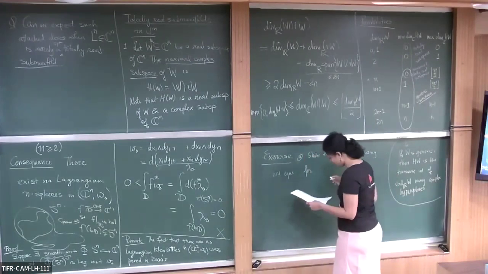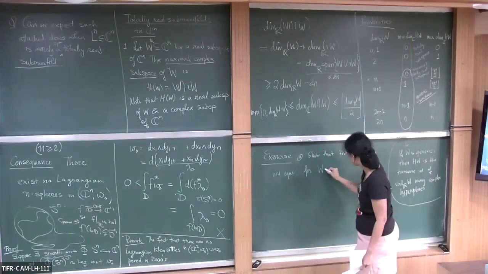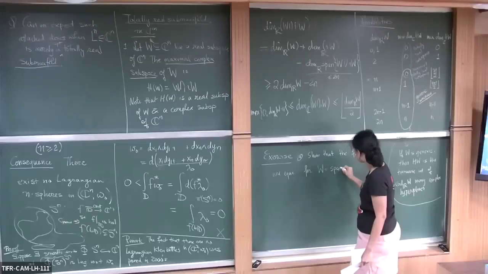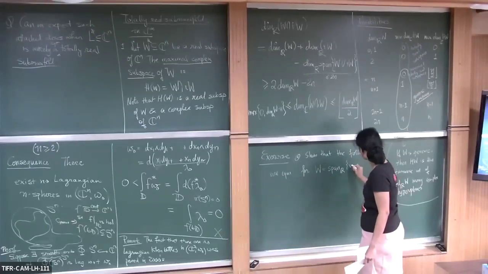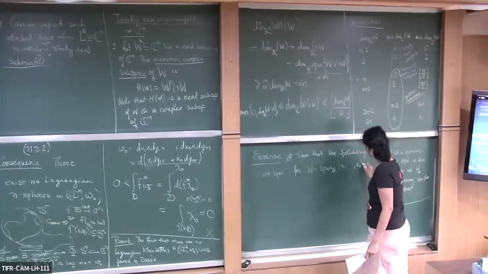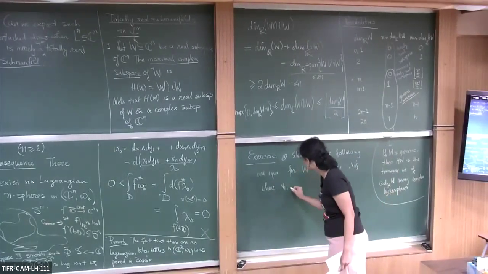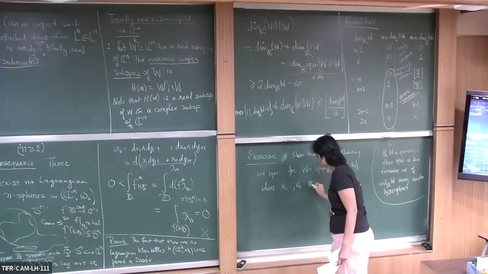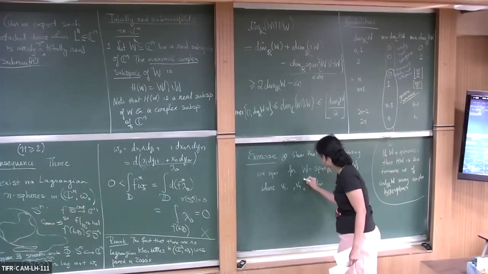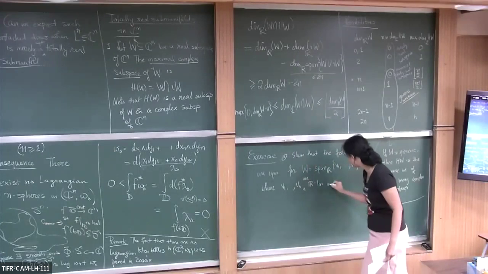So what is my starting object? I take my W to be the span of n vectors, where the n vectors are linearly independent.